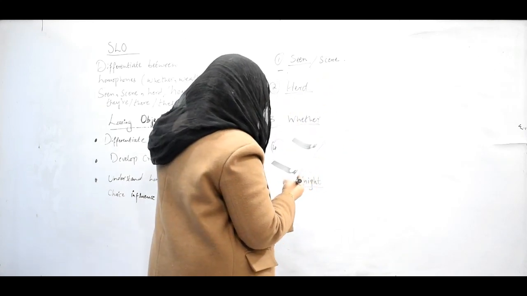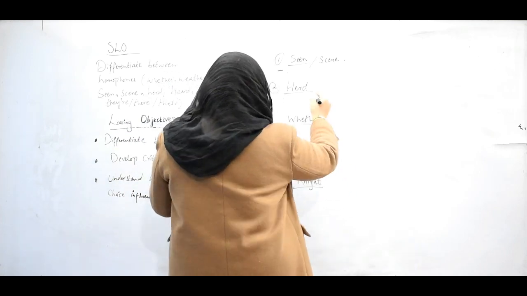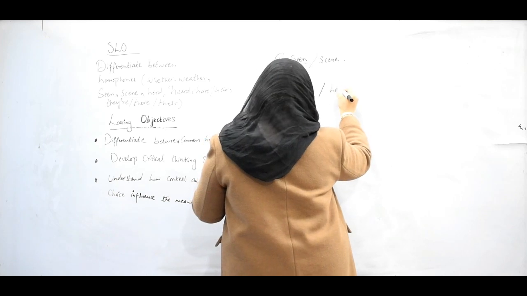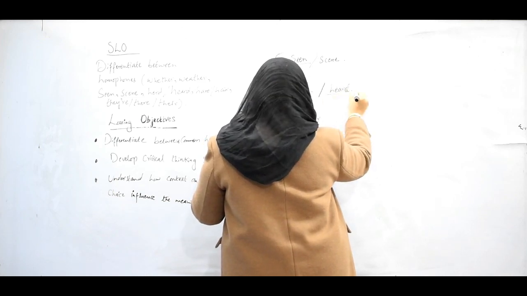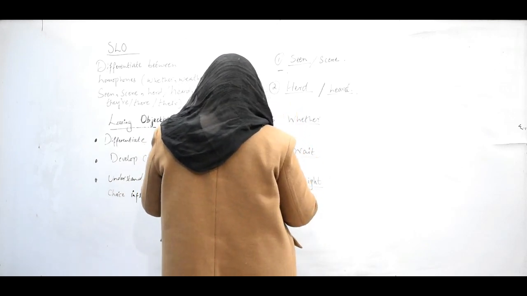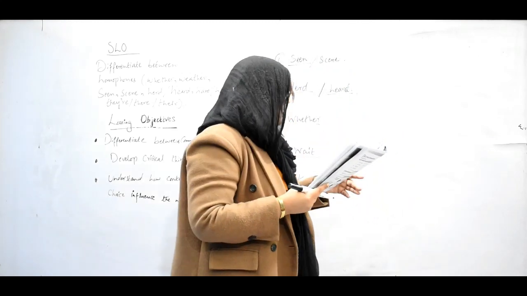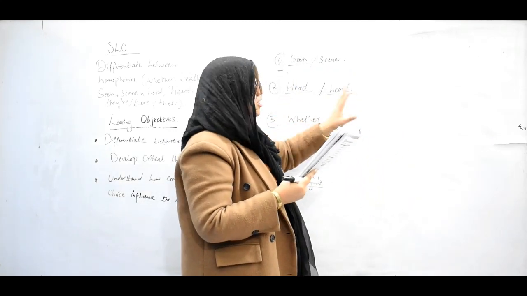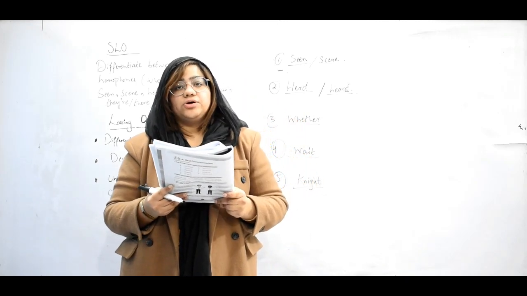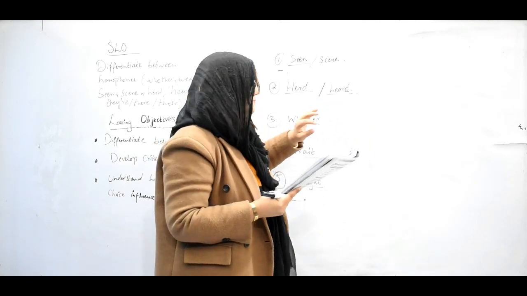What is herd? A herd of cattle, and the other one is heard, hearing a voice. So the herd of cattle was slowly moving across the field. And the second one, heard: I heard a loud noise coming from the direction of the herd. This one is used in another sense.